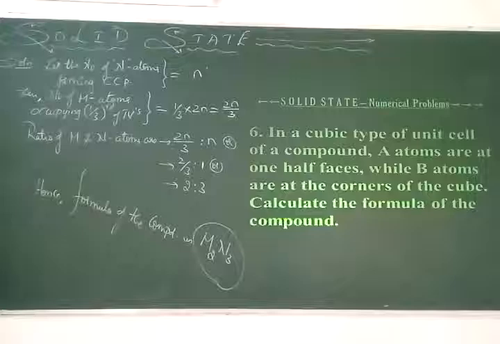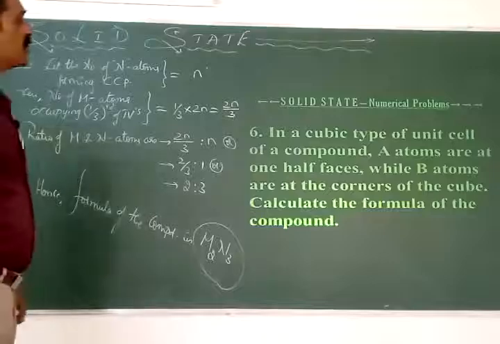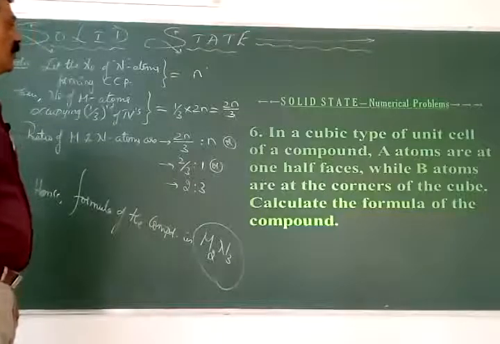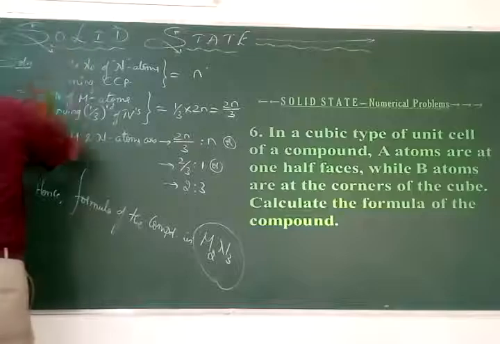Let's have the 6th now. In a cubic type of unit cell of a compound, A atoms are at one half of the faces, while B are at the corners of the cube. Therefore, what is the formula of the compound?